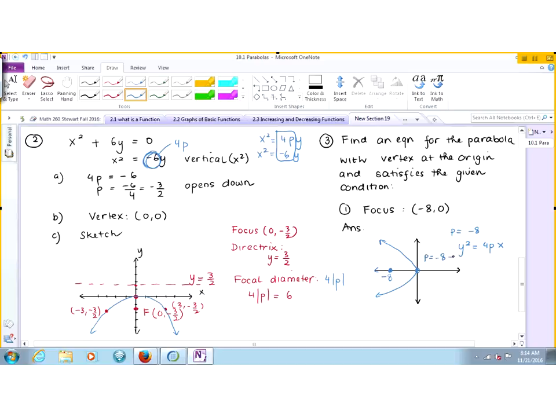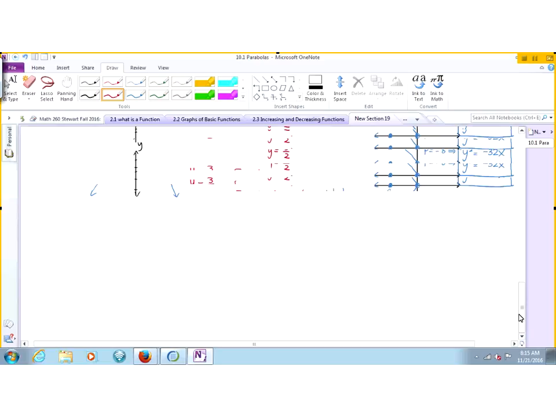And do I know p? p is equal to negative 8. So what is y squared? y squared is equal to negative 32x. Yes, that's right. If it is 32x, then it's going to open right. Yes? Good. Doable? So what is really important here? Rough sketch, right? The sketch is important. So before we do anything, we will sketch it.